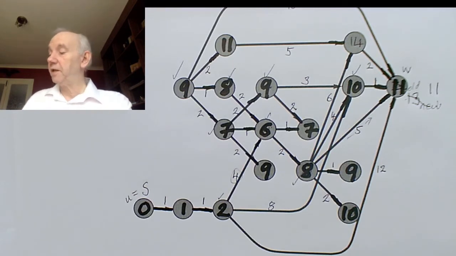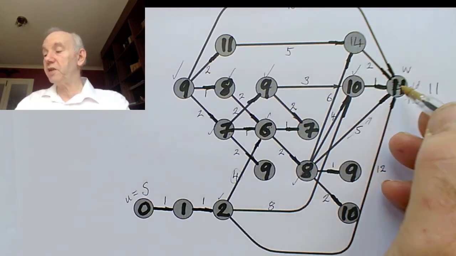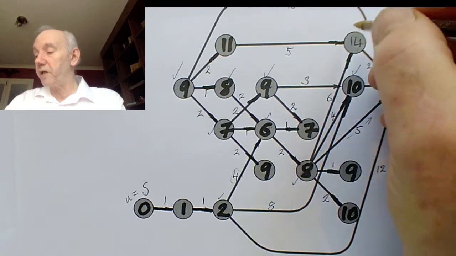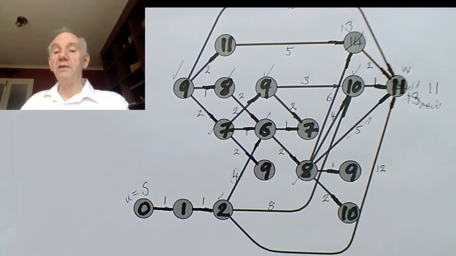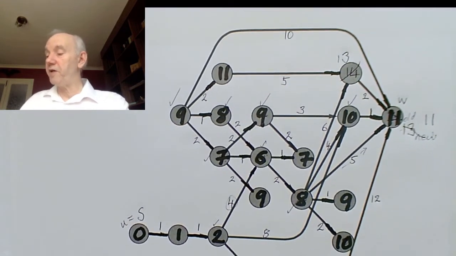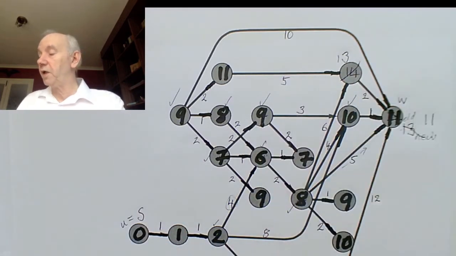Okay, and having seen that, we have to scan, there's still this vertex which is adjacent, and 11 plus 2 is 13. So this 14 gets wiped out and the new label is 13. And at this point, we're now finished, or almost finished, because there are no dark vertices left.